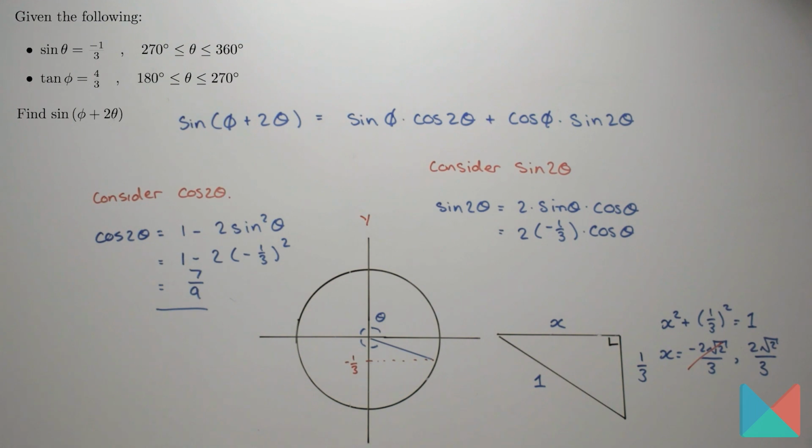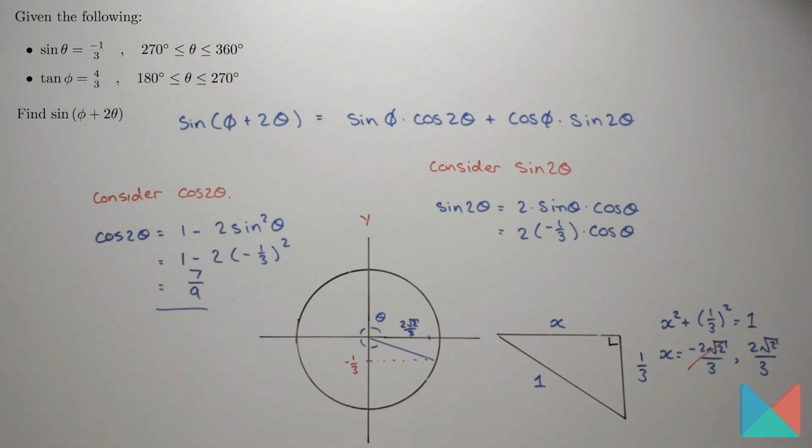And so we have x is equal to 2√2/3. And now representing this onto the unit circle, we know that this length here is going to be 2√2/3. And so if you read this value onto the x-axis, the value we get is 2√2/3.